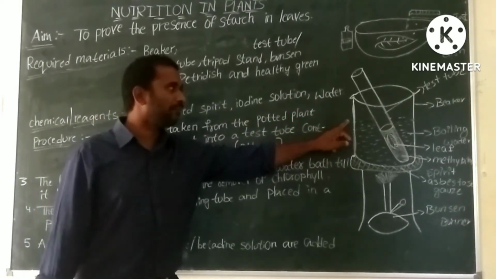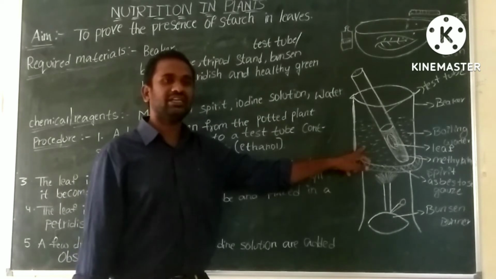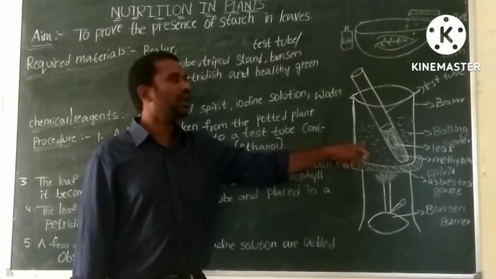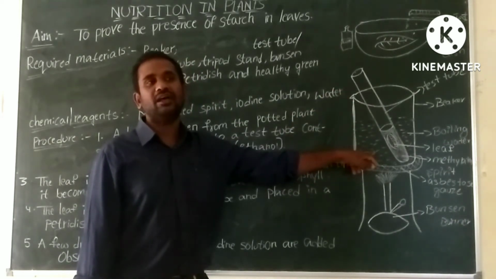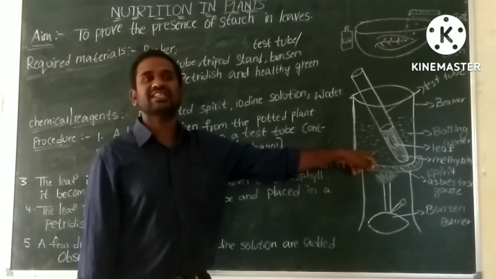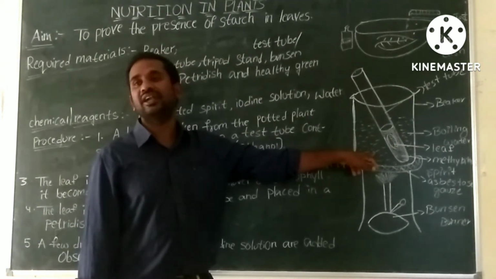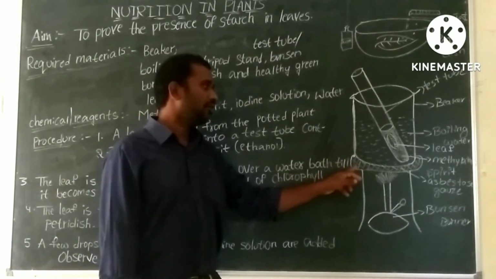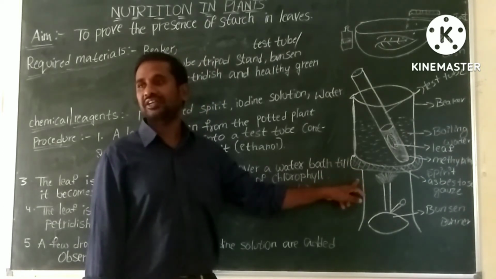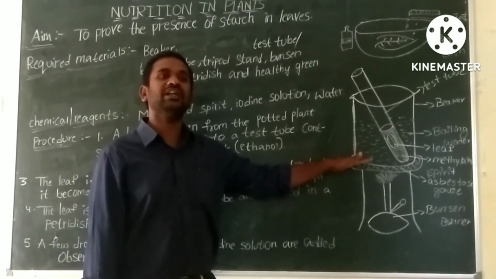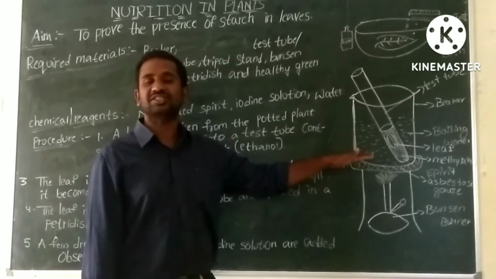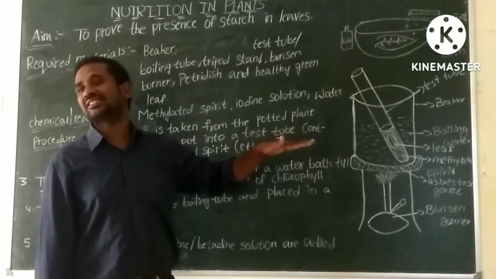Now we take a beaker and water in it, and then we keep a test tube in it, which contains methylated spirit and the leaf. Now we use a tripod stand, and above the tripod stand we keep an asbestos plate.